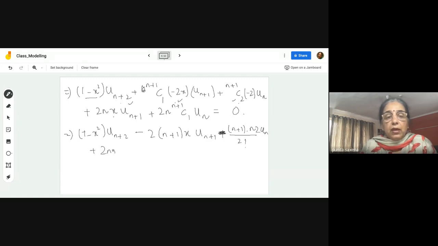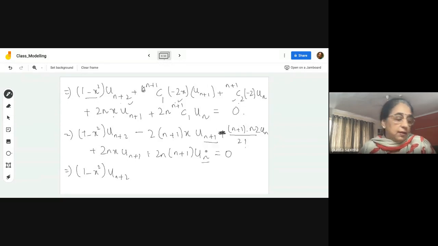Plus 2nx u(n plus 1) plus 2n(n plus 1) u(n) equal to 0. Now, can you just quickly simplify and give what you get? The first term will be (1 minus x square) u(n plus 2). Now, just combine the coefficients of u(n plus 1) and u(n) quickly, and let's see what we get.